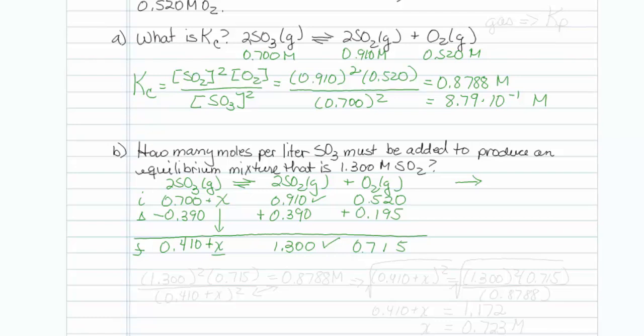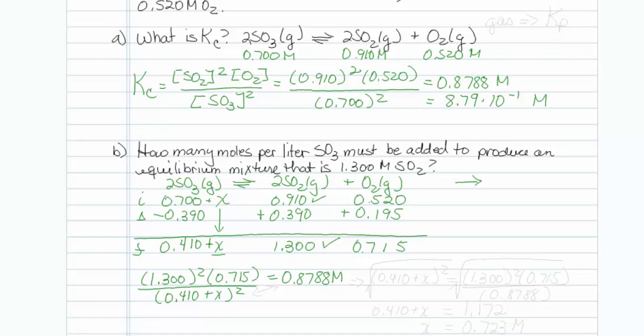So, I have my SO2 concentration, which is 1.300 squared, times my O2 concentration, which is 0.715 to the first power, and my SO3, which is represented as 0.410 plus X, quantity squared, must equal 0.8788 molar. Very well. I shall solve for x.